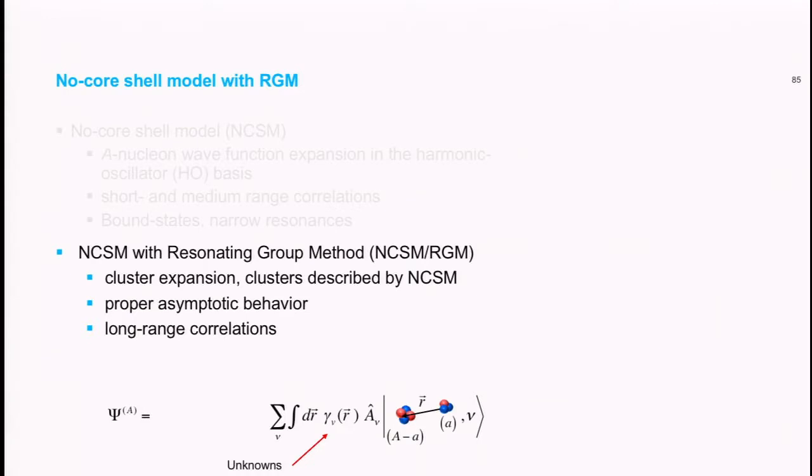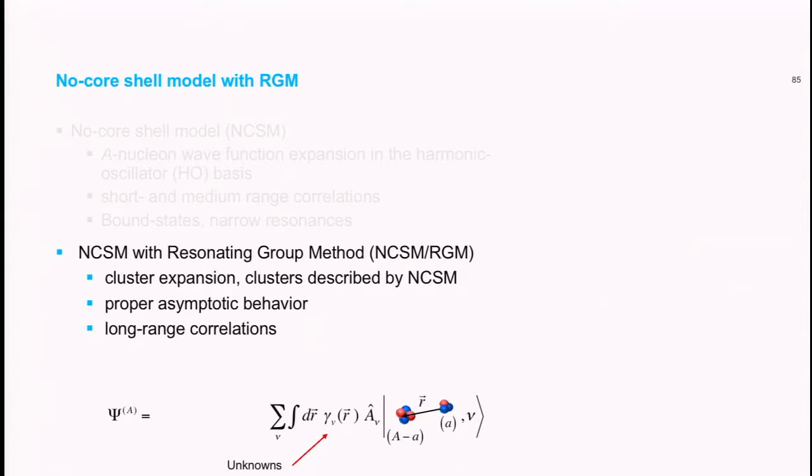Each of them will be described by a wave function calculated in the no-core shell model, and then with that we would solve the RGM type equation to find this unknown wave function of the relative motion that I denote here as gamma. So this looks all good.